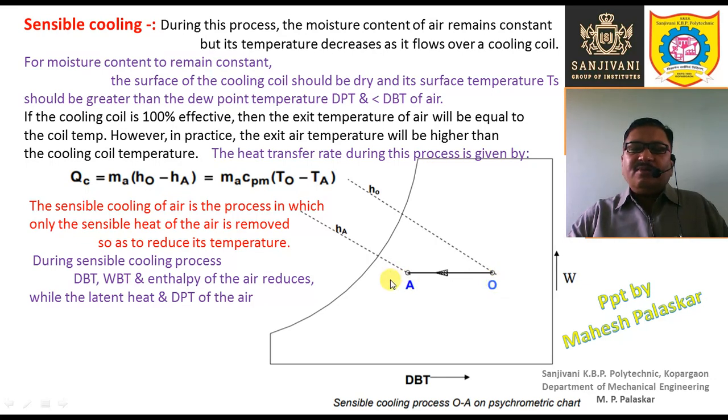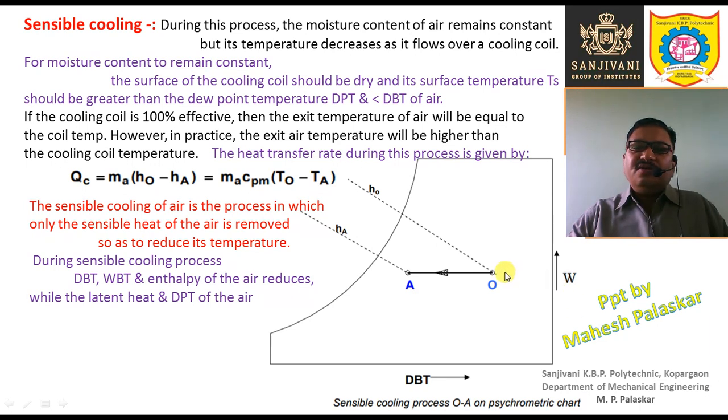So here the meaning of latent heat is different. Latent heat refers to the humidity of the air, or the water vapor which is present in the air, okay. If we add water vapor, then the latent heat is increased. If we remove water vapor from the air, then the latent heat is decreased, right. So this latent heat depends upon the increase or decrease in the specific humidity.